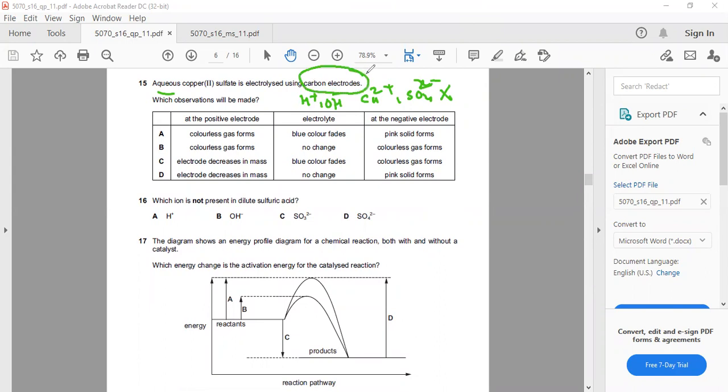We have to see whether the electrodes are inert or copper electrodes. So we have to see which electrodes are there. Now, positive electrode, hydrogen, copper is below hydrogen.